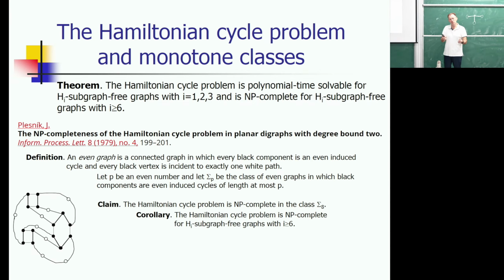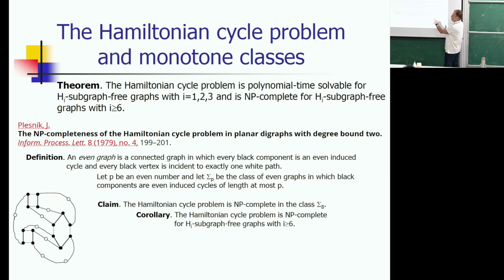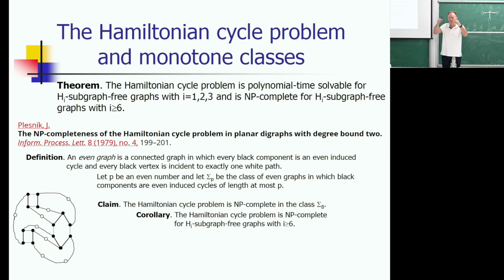So we may assume that the length is greater than 6. What does it mean? It means that if we want to embed H6 into an even graph, then the two vertices of degree 3 of HI must belong to the same black component, because vertices in different black components are far away from each other.